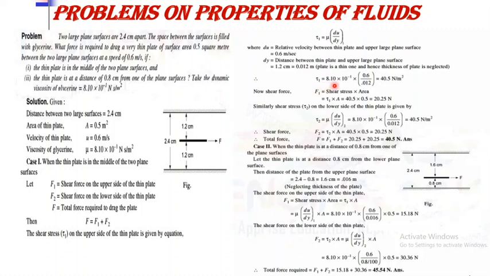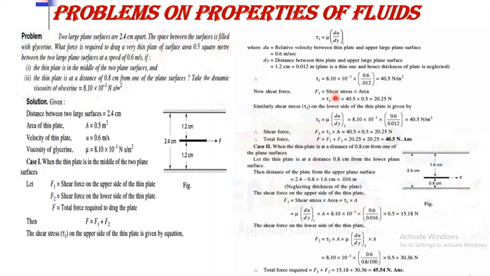So tau 1 is equal to, the value of mu is known, it is 8.1 × 10^-1, du is 0.6 meter per second, and dy is 0.012 meter. By putting in these values we get the shear stress equal to 40.5 Newton per meter square. Now we have to calculate force.